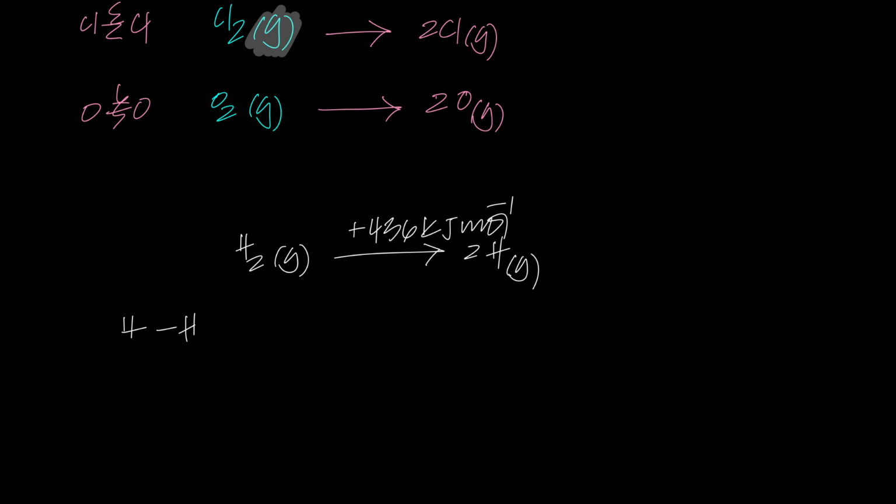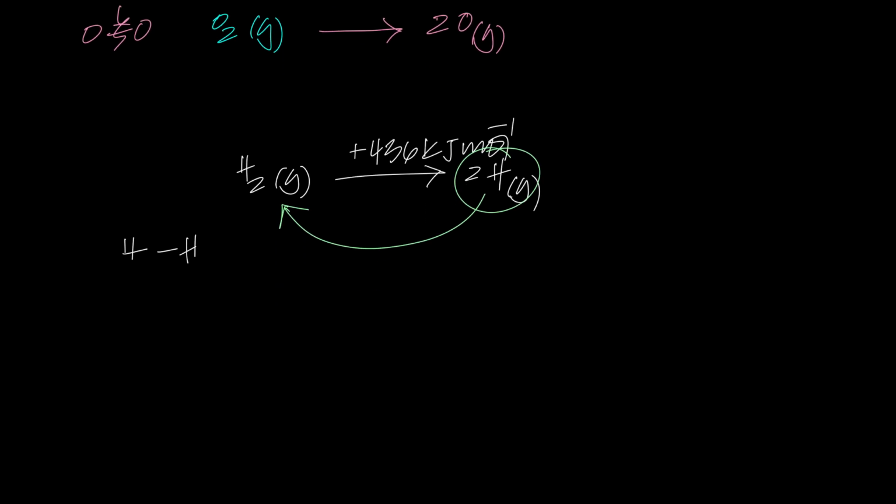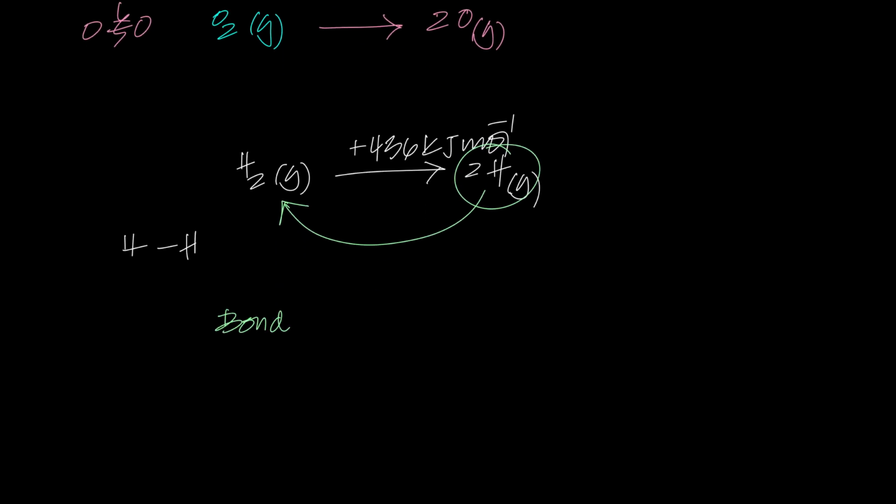And if I were to go the reverse way, if I were to form a bond, bond formation, what would happen? Bond formation is exothermic. So the same magnitude of energy would be released.